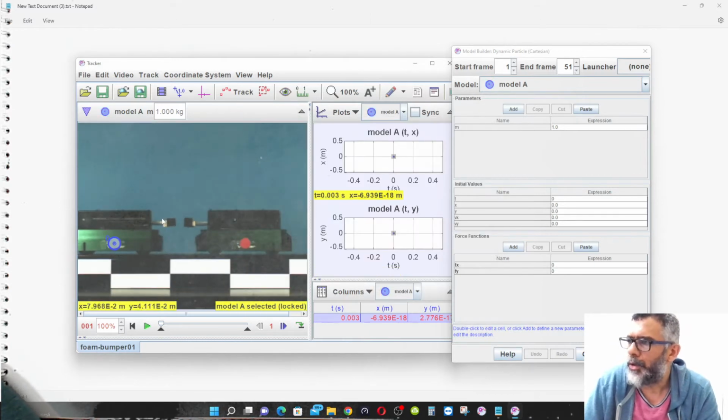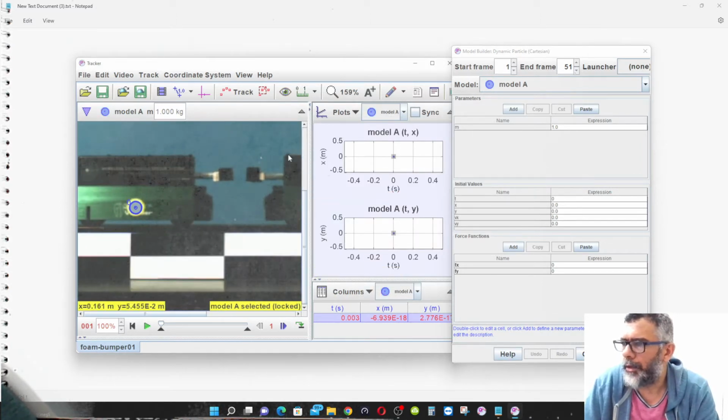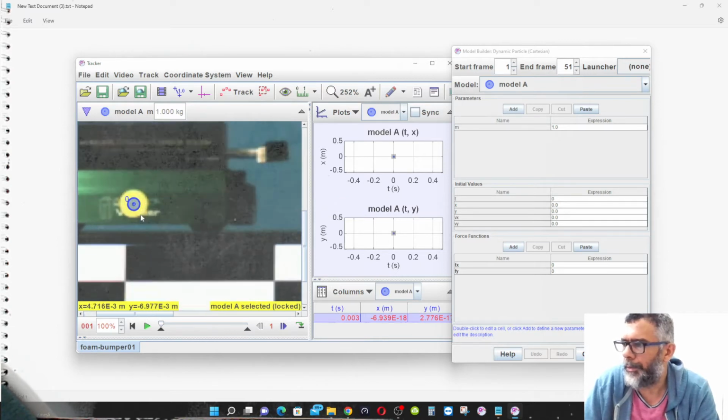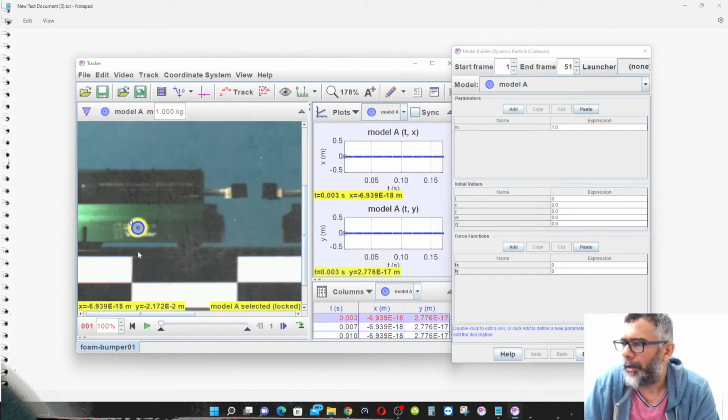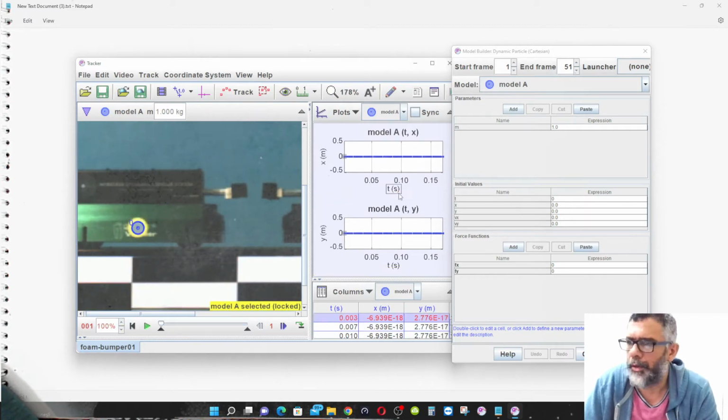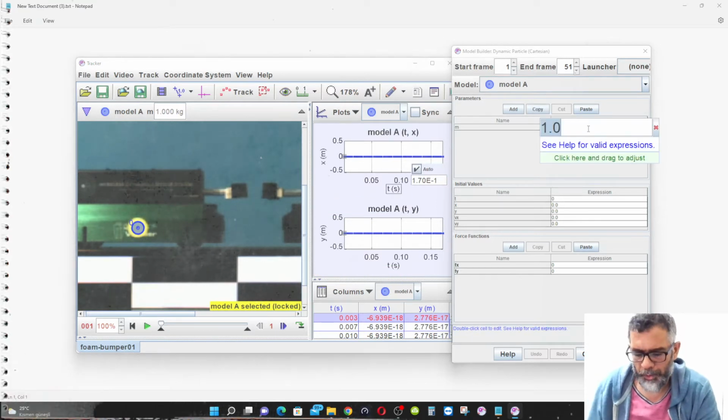As soon as we created the model, the blue circle just appears. When you run the video, nothing happens to the model particle, because everything is zero about this. Let's first enter the model's mass.